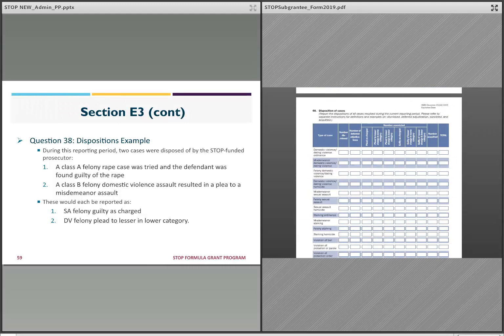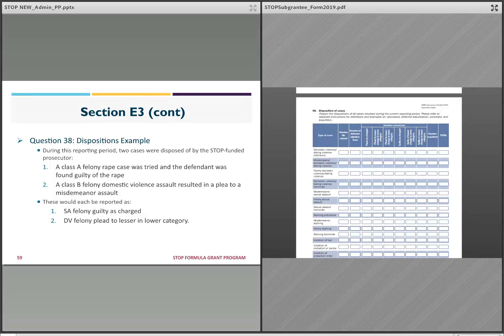In question 48, disposition of cases, report the disposition of all cases resolved during the current reporting period, and subgrantees should be reporting them by the highest crime category that applies.